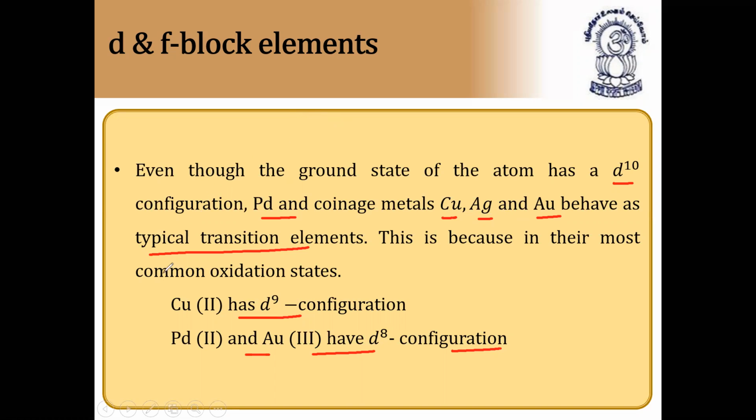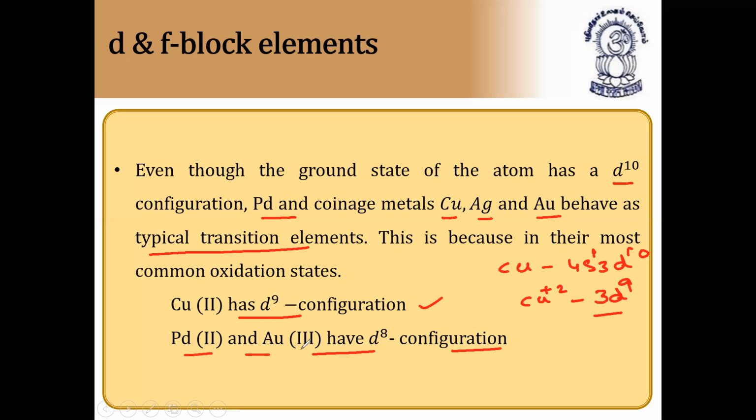Copper 2 has d9 configuration. Copper's atomic number is 29, and its configuration is 4s1, 3d10. Copper 2 means plus 2 state, so one electron from the s orbital and one electron from the d orbital will go off. Then this becomes 3d9. So copper 2 has d9 configuration in its most common oxidation state.